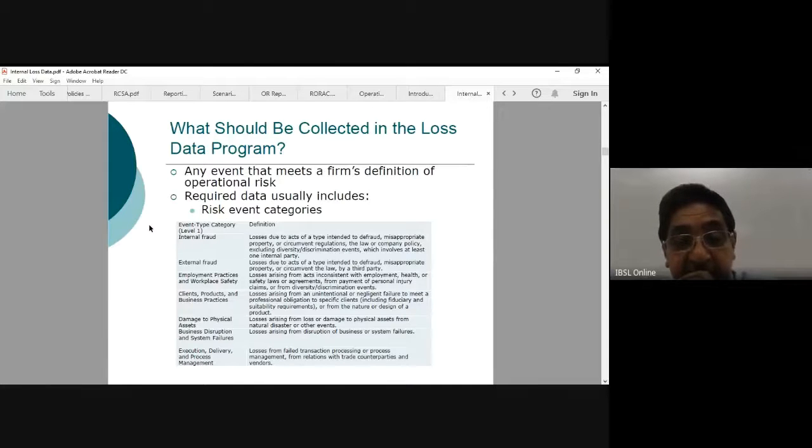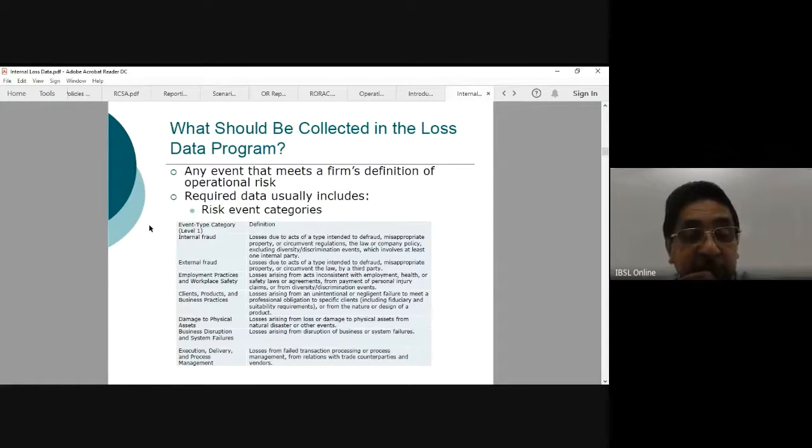Failures, negligence, and most of the time bankers are sued for negligence. So bankers' negligence is something a banker has to really accept. All these come under clients' products and business practices.